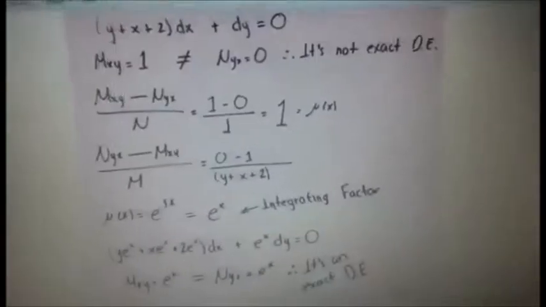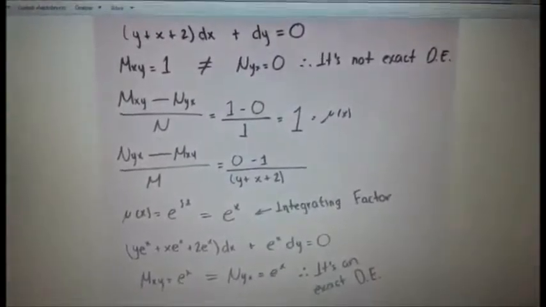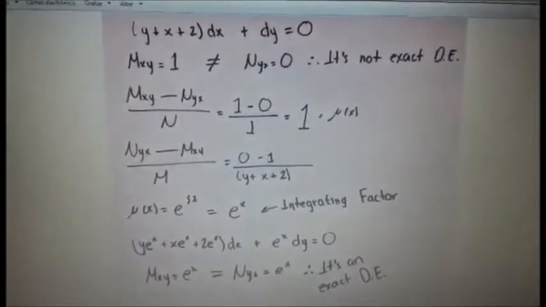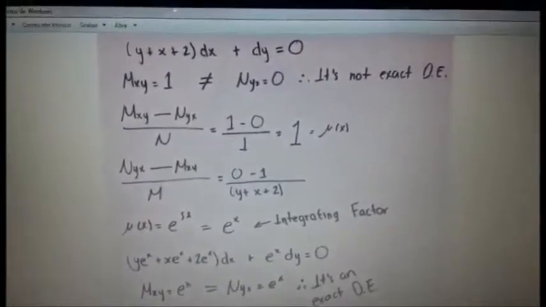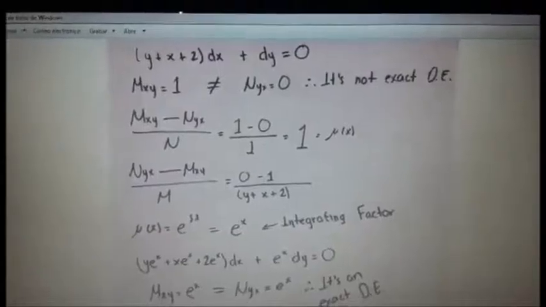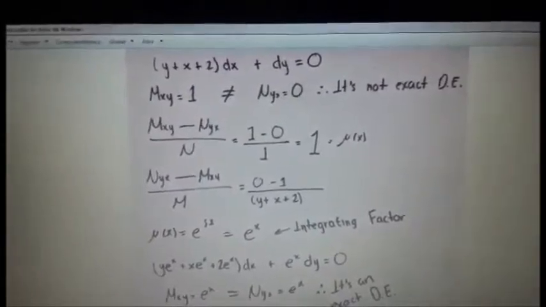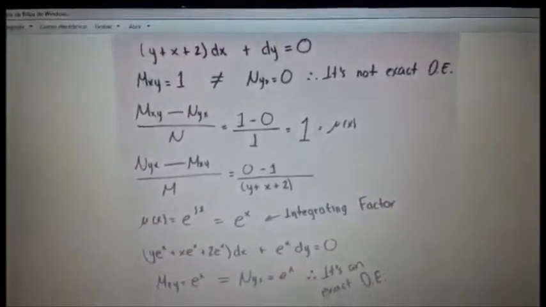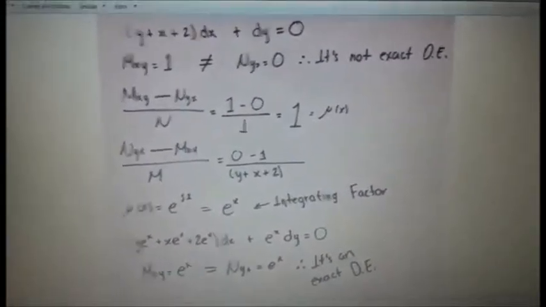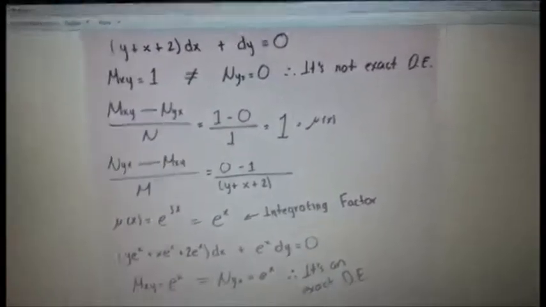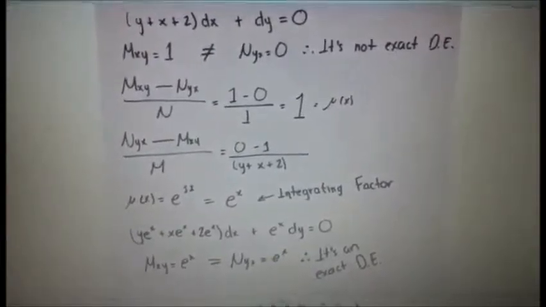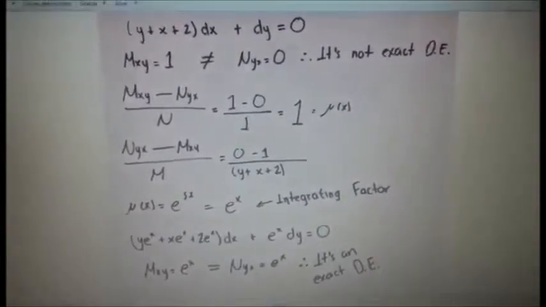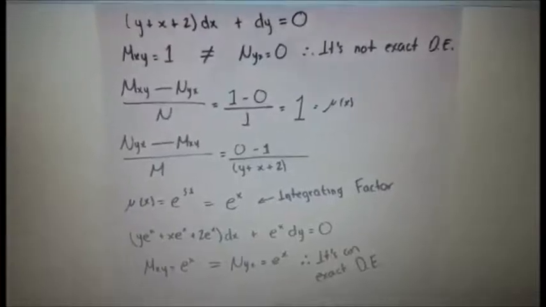For this differential equation, we first need to find our integrating factor and then solve it. Our first step is to find if it's an exact differential equation or not. We derive both terms M and N, and we find that it's not an exact differential equation. The next step is to find if it's a mu in terms of x or y.